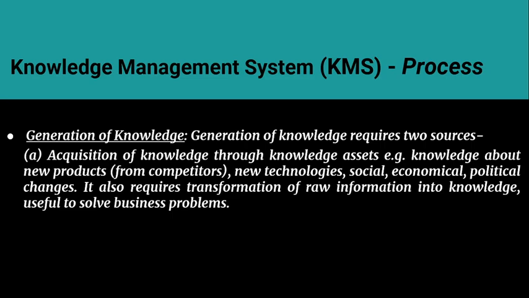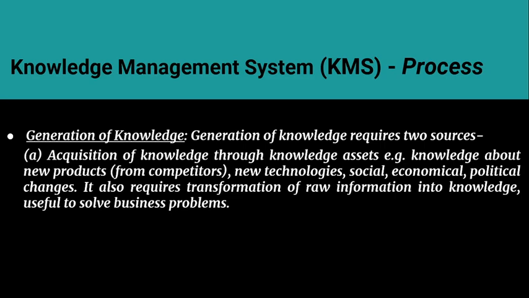For example, knowledge about the new products from the competitors, new technologies, economic, social, political changes. It also requires transformation of the raw information, that is data, into knowledge which will be useful to solve the business problem.